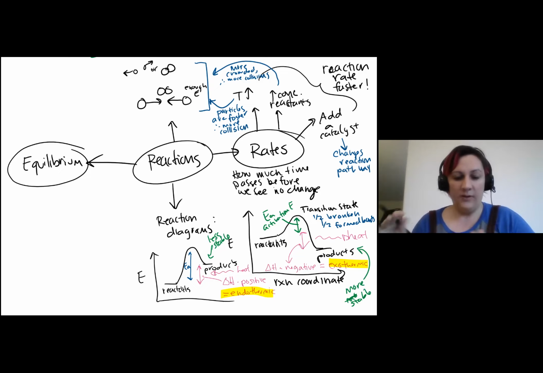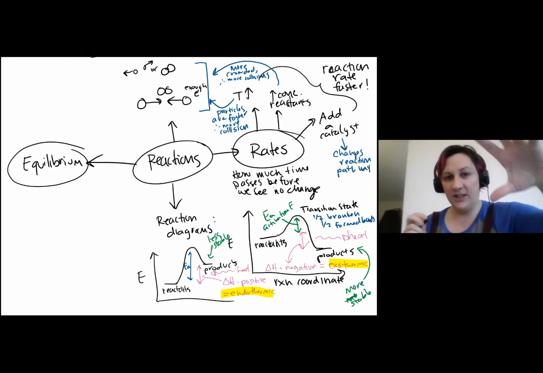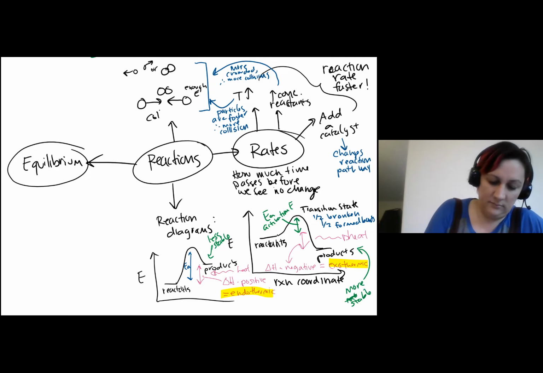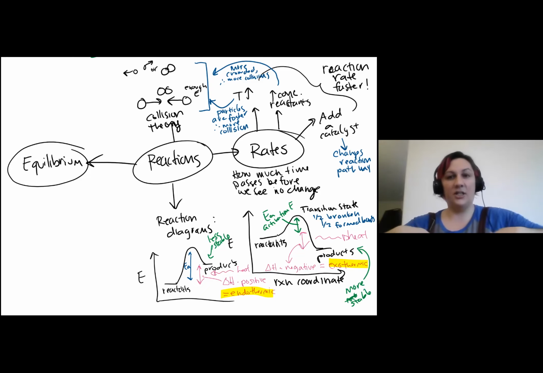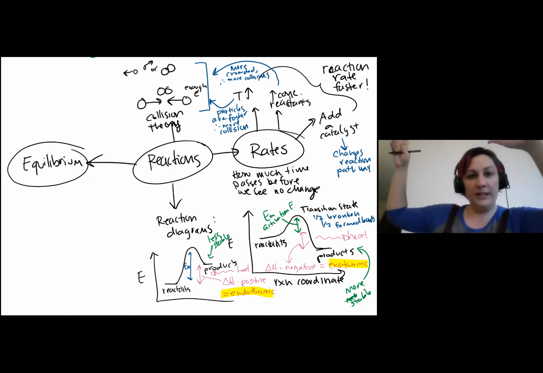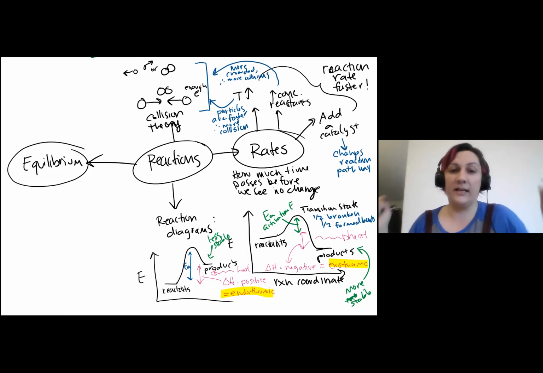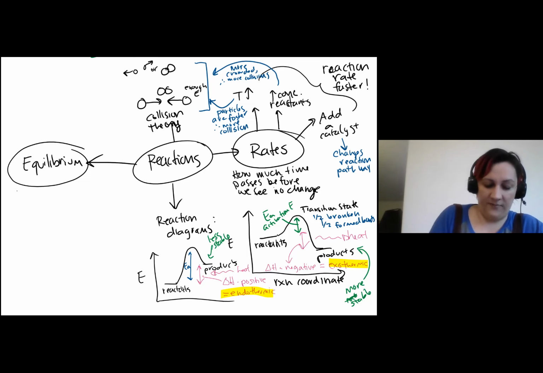All right, so we've got general reaction dynamics, collision theory. We have our reaction diagrams. We have rates will increase with temperature, concentration, or a catalyst. And then we have equilibrium, which is that there are reversible reactions. Most of them are.